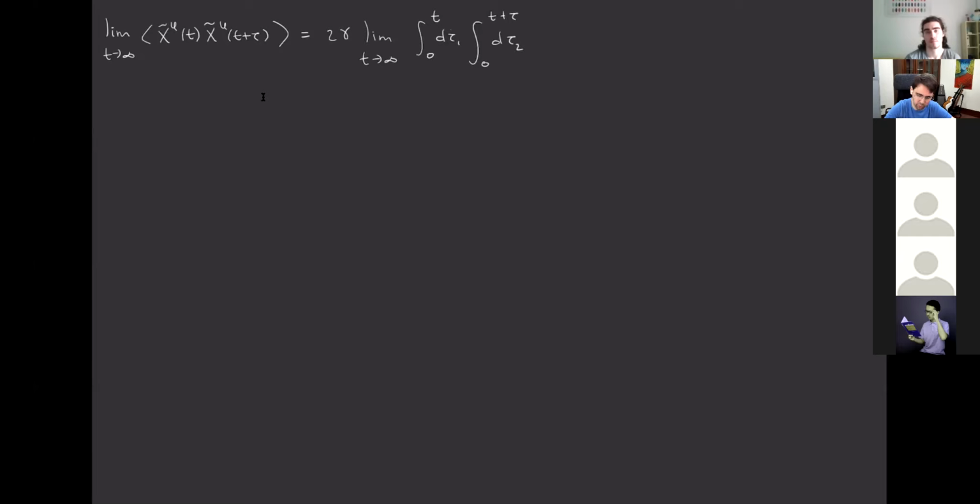So one integration goes until t, the other one goes up to t plus tau, and then we have here the exponential kernels of tau 1 and tau 2, and then we have the correlation function of the input. And this is t minus tau 1.